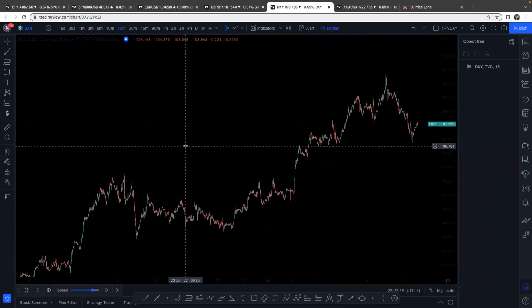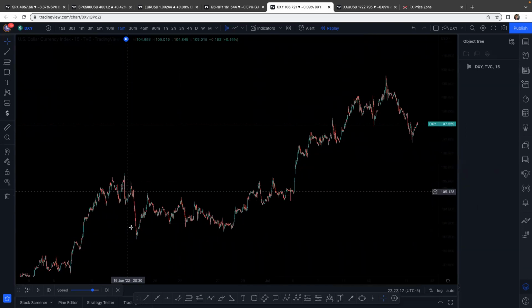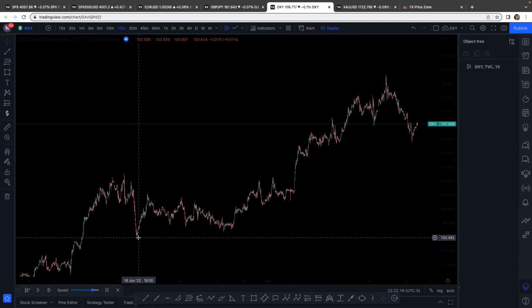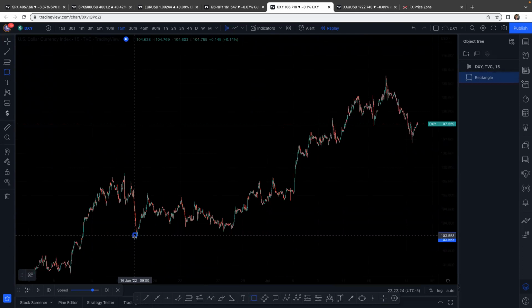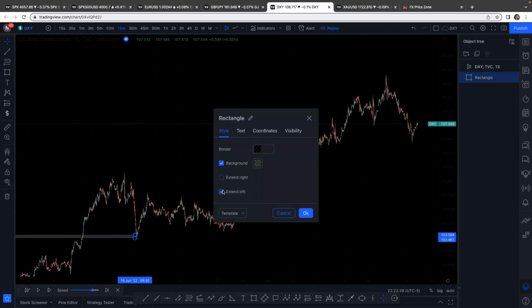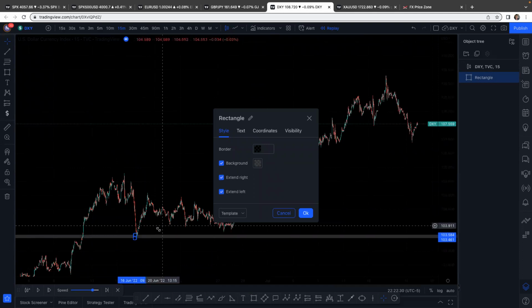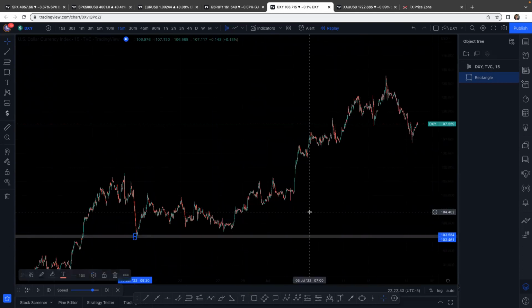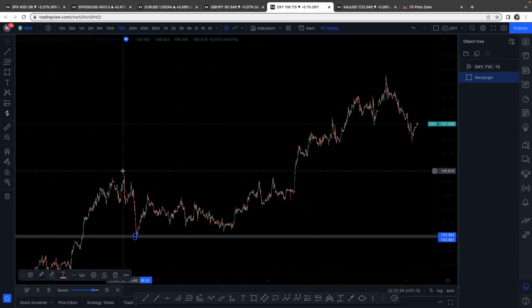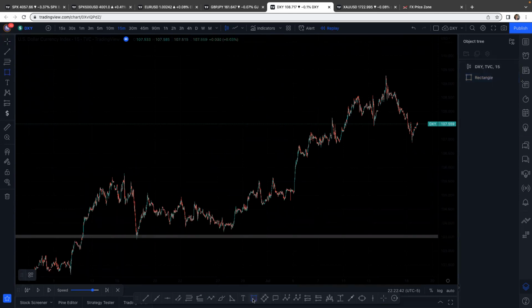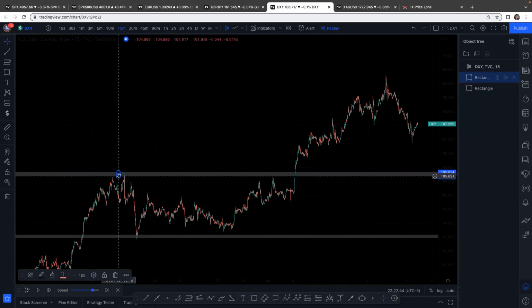So, for instance, this right here is a pretty strong move. So, I'm just going to highlight that. And then maybe this was a strong move because it kind of just comes up, boom, and then it comes down, boom.